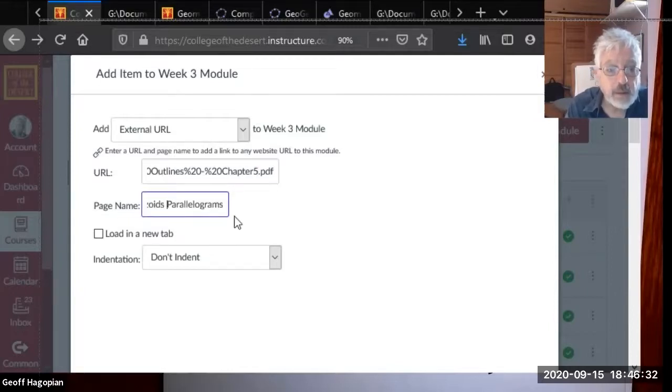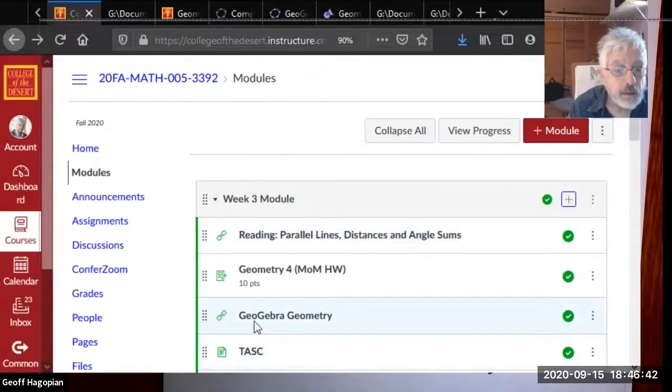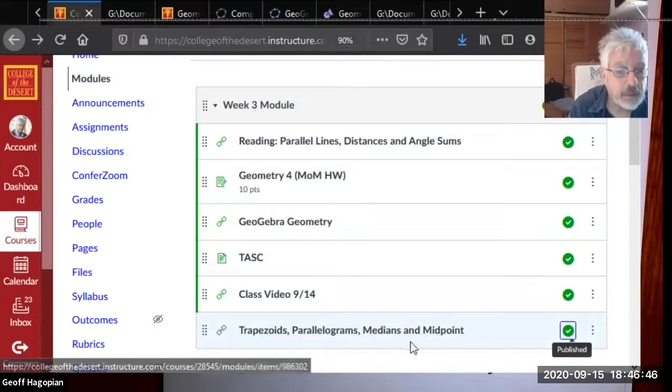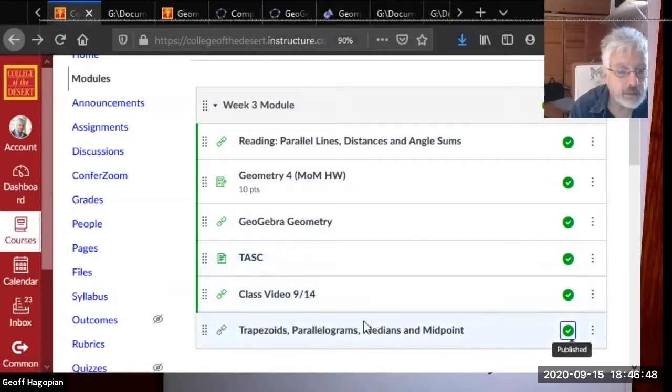I want to put a comma here and say comma medians and midpoints. Oh my. Okay. So that's this reading. Let me publish that so you can get the link to that there. How are we doing? Okay.